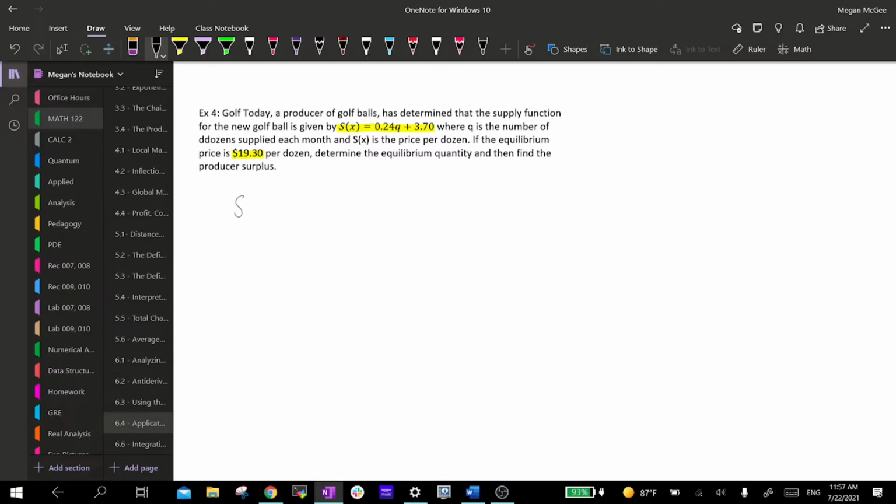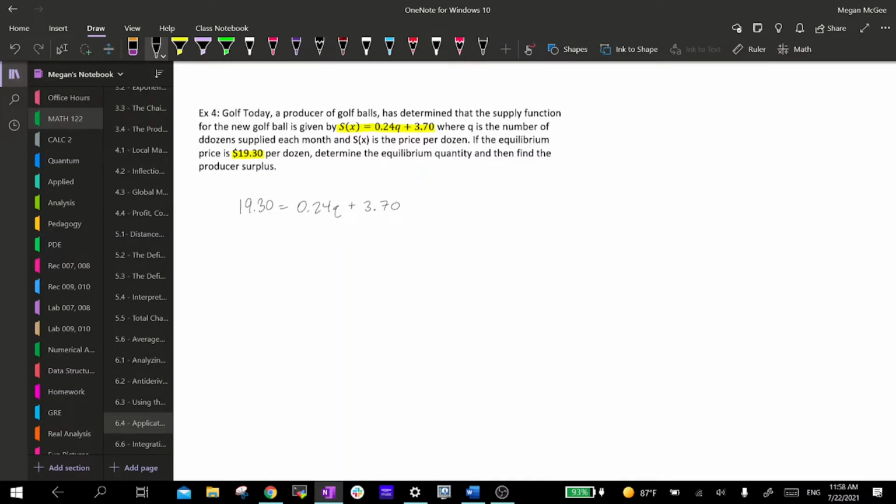All right, so our price, S of x, is given by 0.24 times our quantity plus 3.70, and we are given our equilibrium price. So we're given the price is $19.30. So we can go ahead and say, well, the price has to be equal to $19.30.